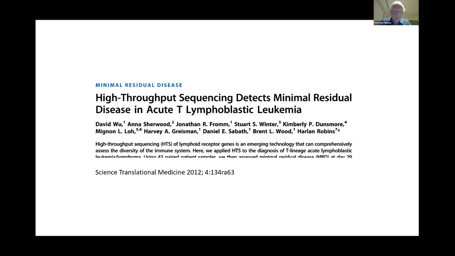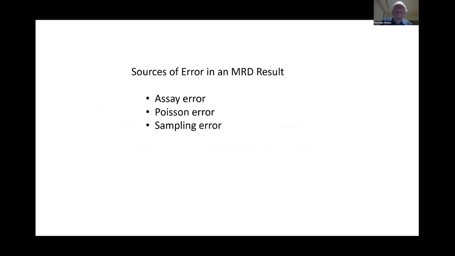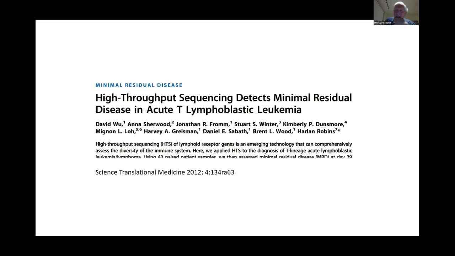It's become a very valuable technique. And in some jurisdictions, it's thought to be the technique of choice for monitoring residual disease. And it certainly has great advantages. Now, that really takes us up to the present.